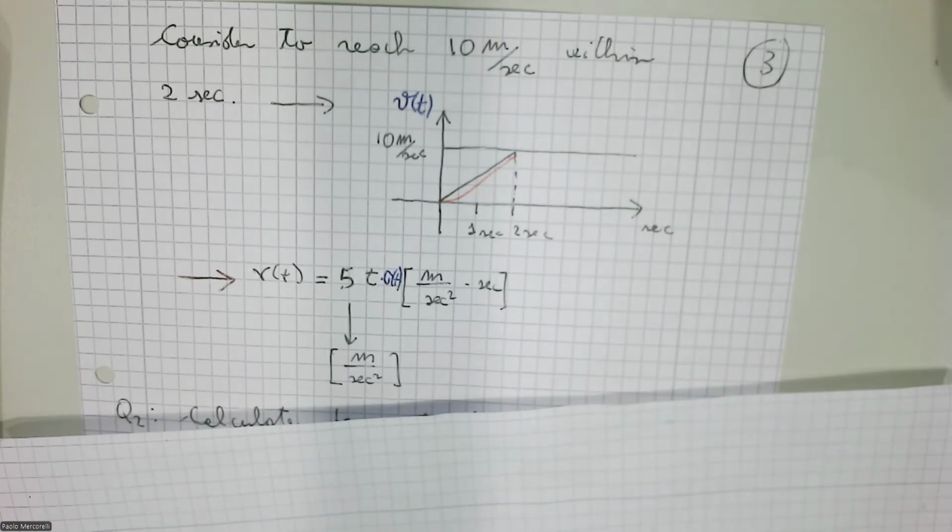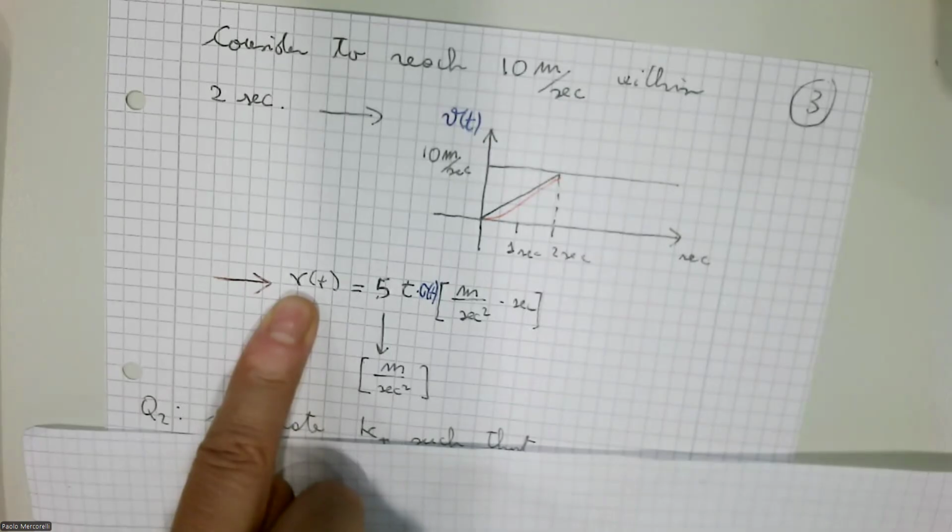Look, I would like to achieve 10 meters per second in 2 seconds, assuming that I will have a velocity in linear form, exactly as in the picture.